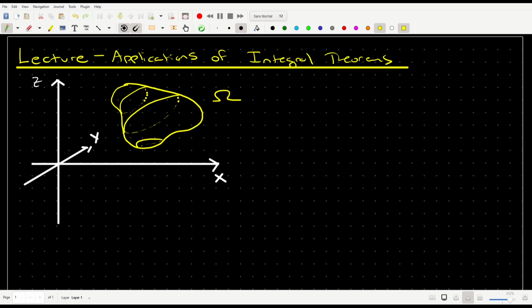So let's say we have this 3-dimensional region of Euclidean space, omega. And omega is the volume of the region, so the inside of this region.